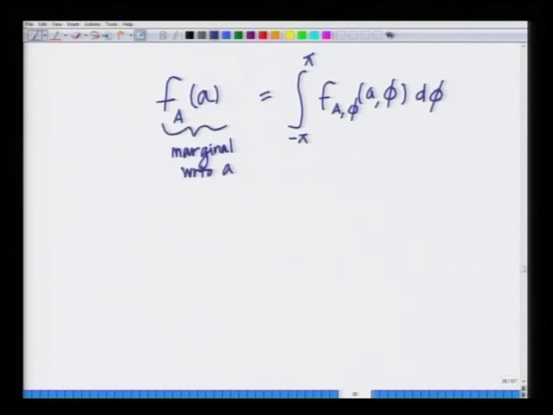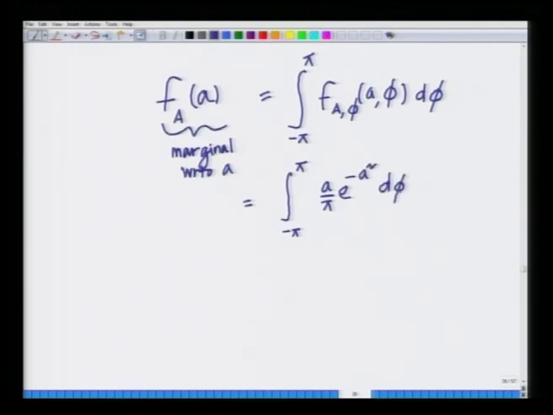And this is simply the integral from minus pi to pi of a over pi e power minus a square d phi.